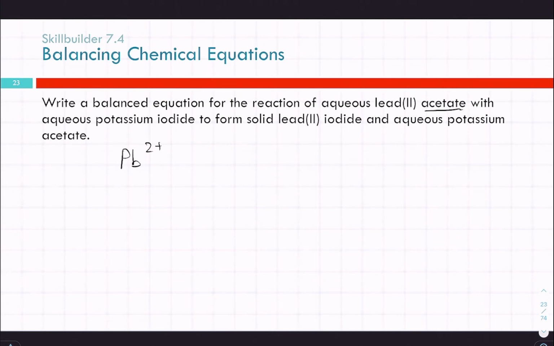Acetate is C2H3O2 with the minus charge.